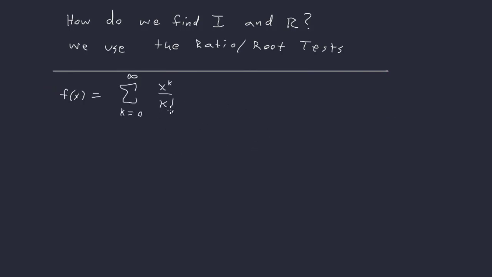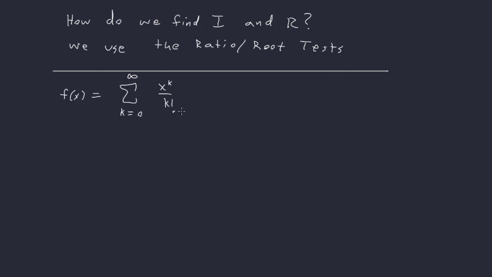All right, so we'll start with a fairly straightforward example here. We'll look at the series from k going from 0 to infinity of x to the k all over k factorial. And maybe I should rewrite my k here so it looks a little less like an x.